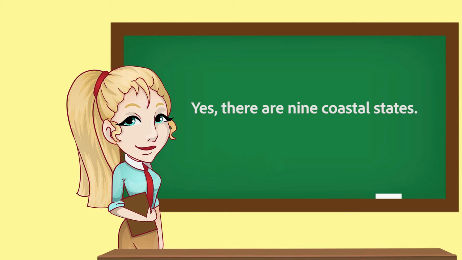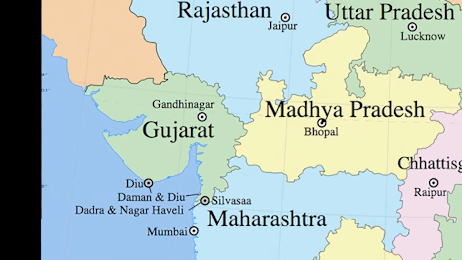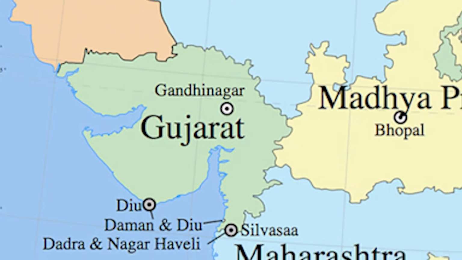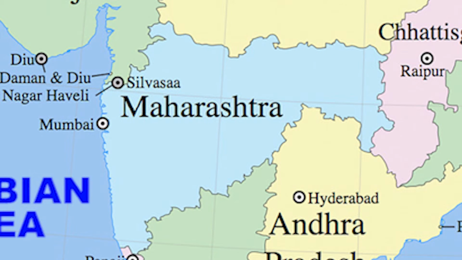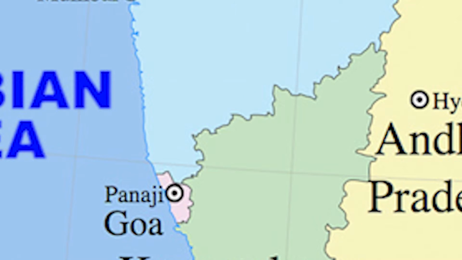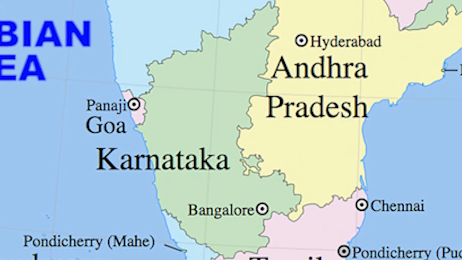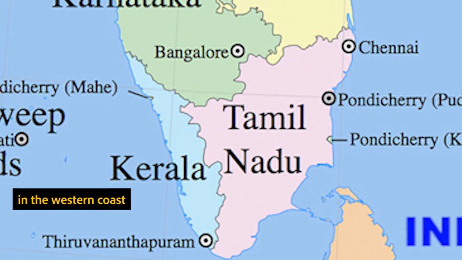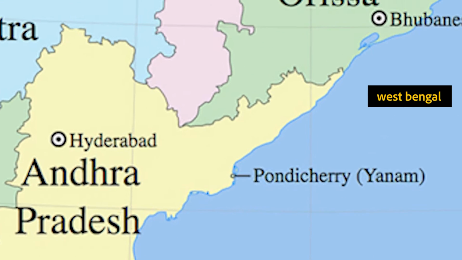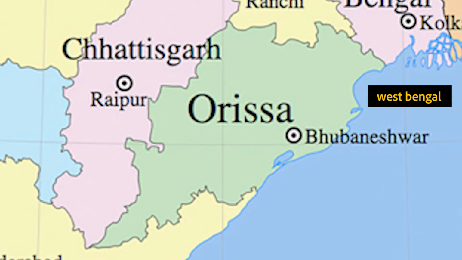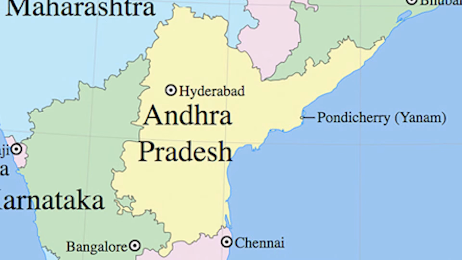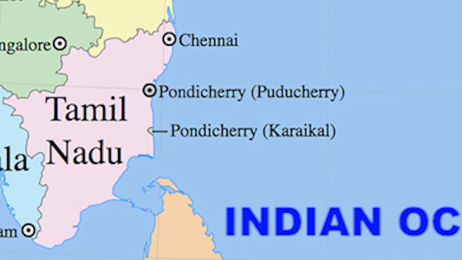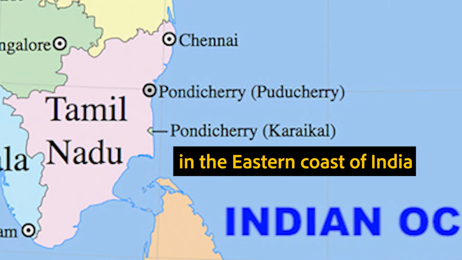Yes, there are 9 coastal states. We have Gujarat, Maharashtra, Goa, Karnataka, Kerala in the western coast, and West Bengal, Odisha, Andhra Pradesh, and Tamil Nadu in the eastern coast of India.